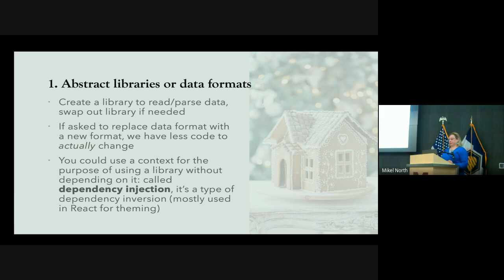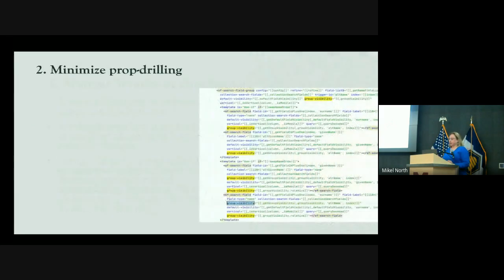So find ways so you have less code to actually change. And you can use something called dependency injection, which is kind of a form of dependency inversion. It's mostly used in React for theming. Let's say you want to swap out a theme or you want to insert Material UI or something. That's dependency injection with a context. And so we could do something like that.